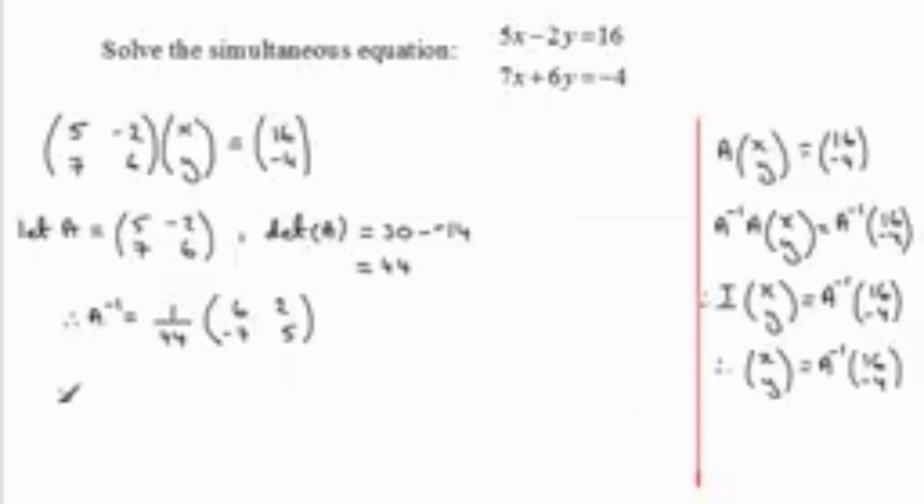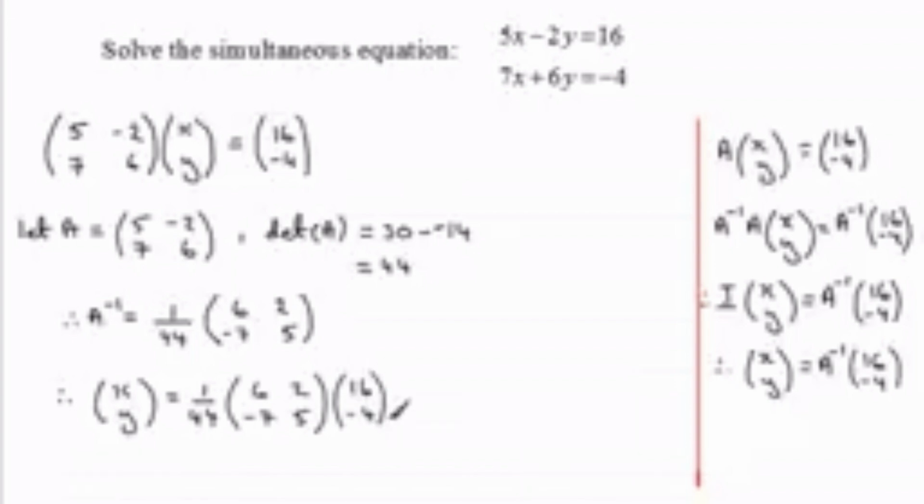So by this idea, xy is going to equal the inverse of A. Let's put it as 1 over 44, and then 6, 2, minus 7 and 5, and we multiply this by 16 minus 4.